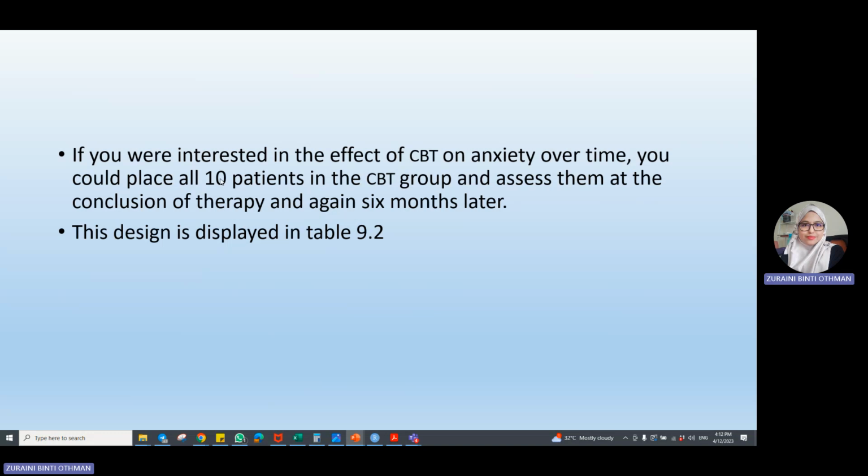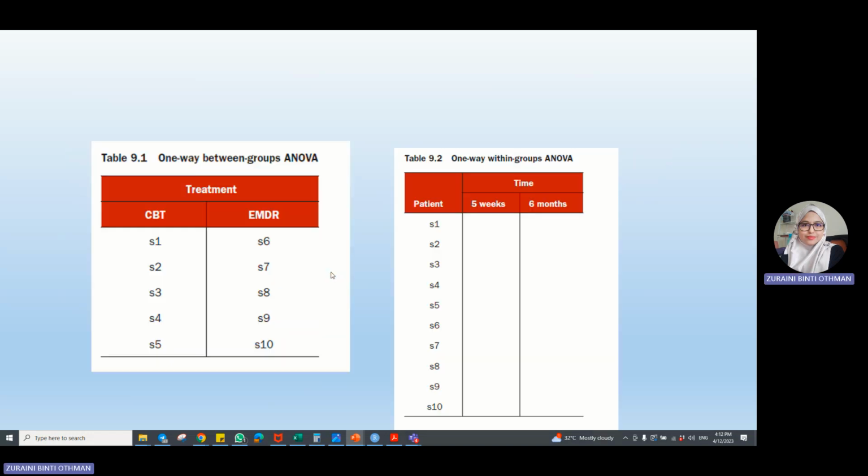If you were interested in the effect of CBT on anxiety over time, you could place all 10 patients in the CBT group and assess them at the conclusion of therapy and again 6 months later. This is where we put it in table 9.2. This is 9.1, where we separate the 10 people who received CBT and EMDR.